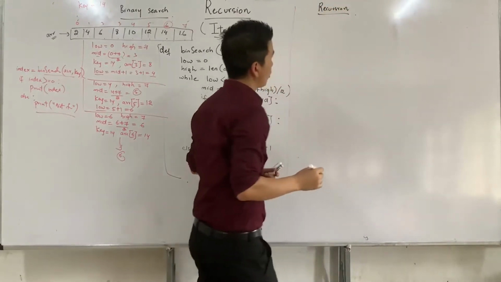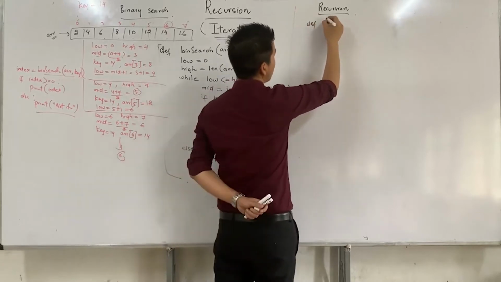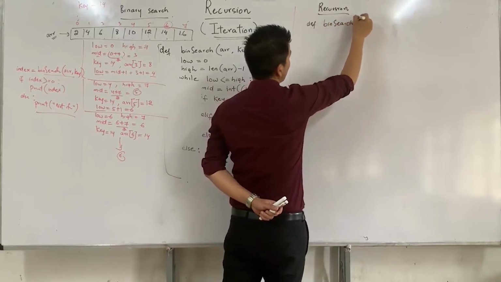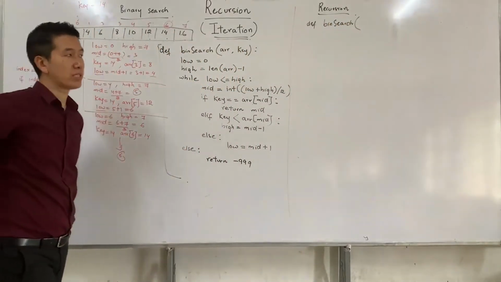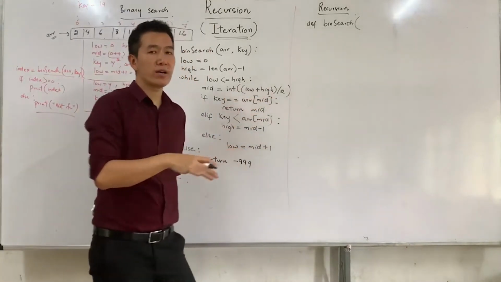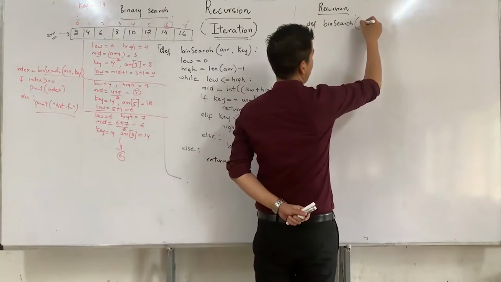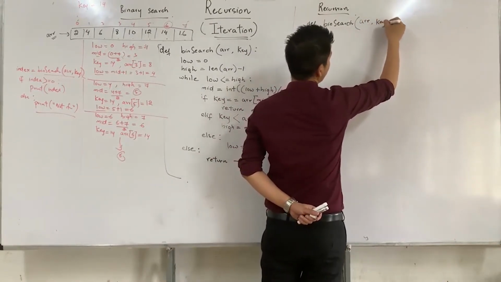Again, you will have the def keyword. The name of the function is bin search. This time, unlike the iteration method, you will require 4 arguments. The first one being ARR, followed by key.